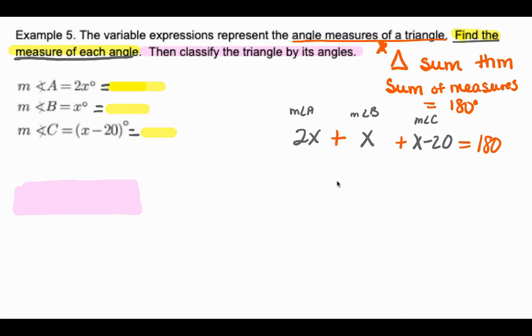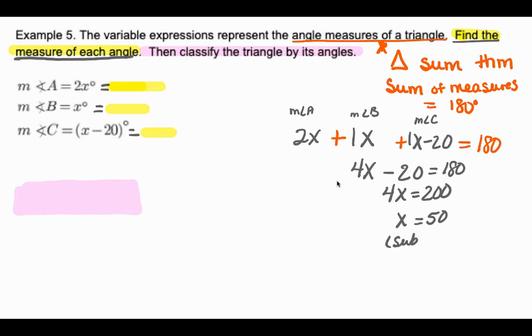So we go through the solve process. When we combine like terms, there are 4 x's minus 20 equals 180. We're going to add the 20 to get 4x equals 200. And then we're going to divide by 4 to get that x is equal to 50.